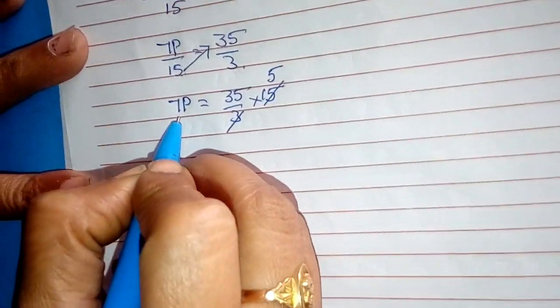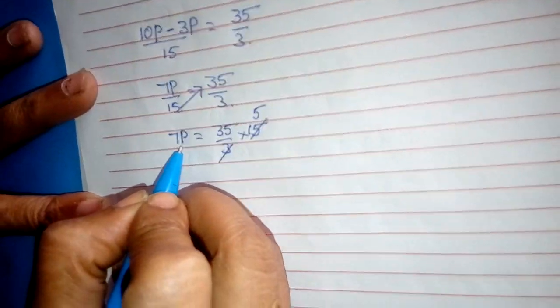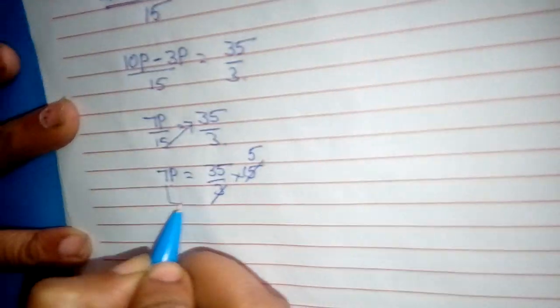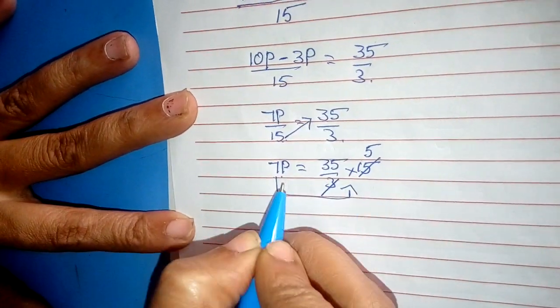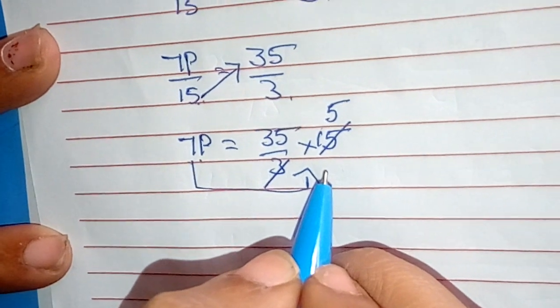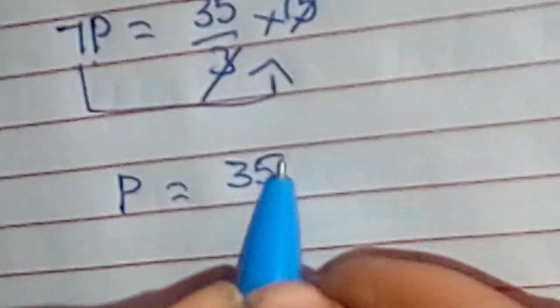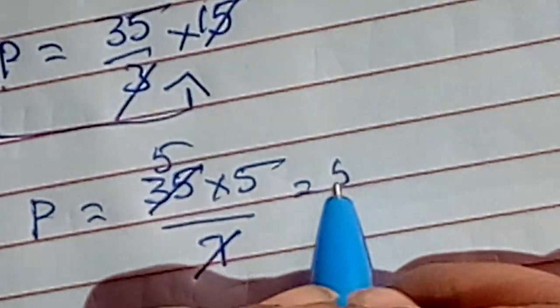Now we are getting the 7p value, but we want only the p value. Transpose 7 from this side to this side. Here it is multiplication, and on the other side it becomes division. So p is equal to 35 into 5 by 7. Now cancel 7 with 35. 7 fives are 35, so you get 5 into 5 is equal to 25.